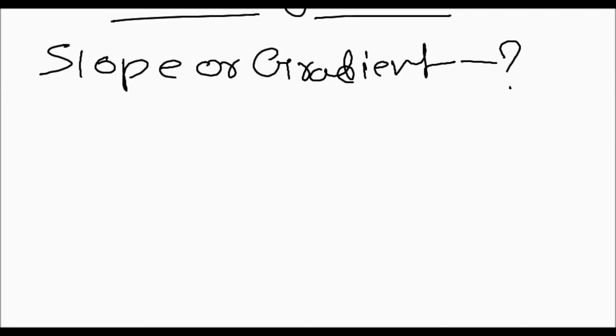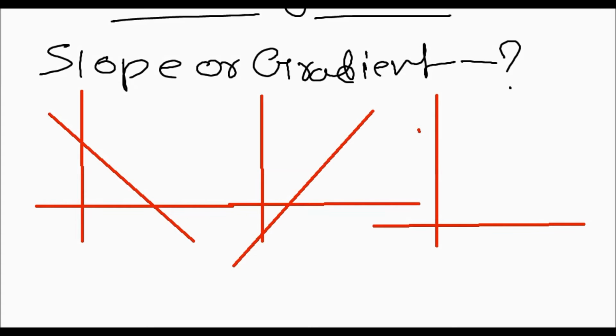Okay, so the first topic is slope or gradient. What is slope or gradient? I will show you graph-wise what slope or gradient is. I'll make it like this. Okay, fine.